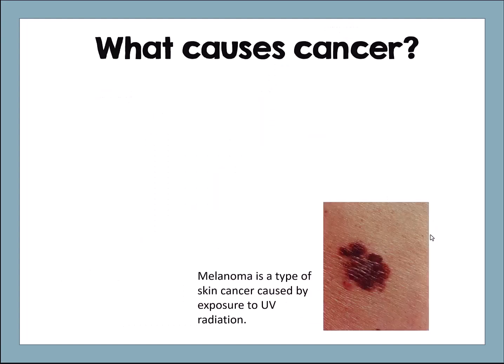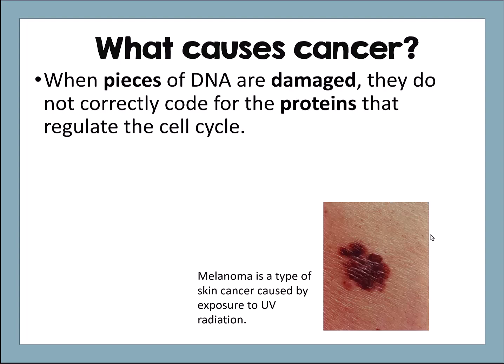What causes cancer exactly? When pieces of DNA are damaged, they do not correctly code for the proteins that regulate the cell cycle. As we've established, there are many proteins involved in regulating that cell cycle.